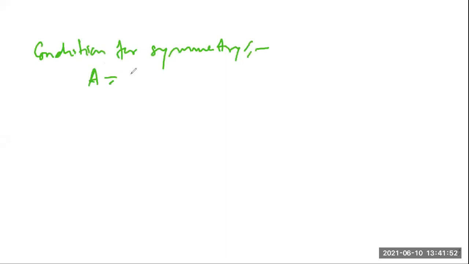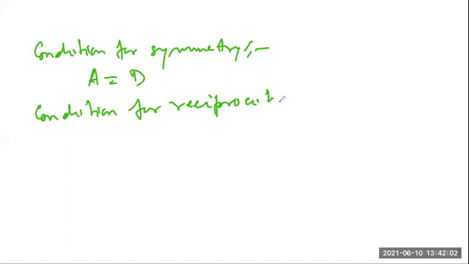So there is a condition for symmetry: A should be equal to D. And the condition for reciprocity is AD minus BC, which is equal to 1.